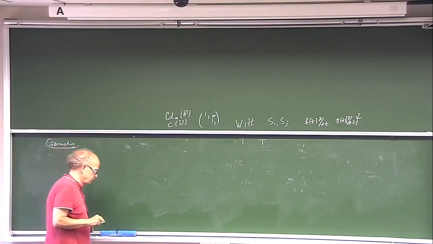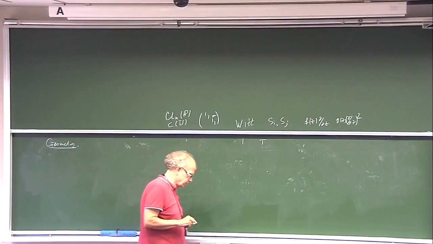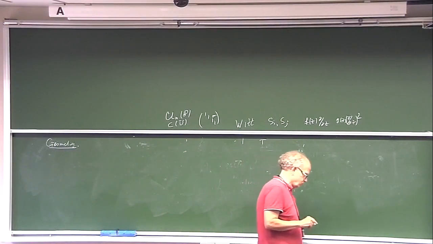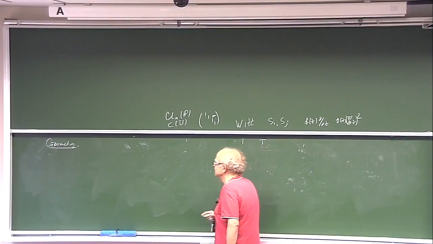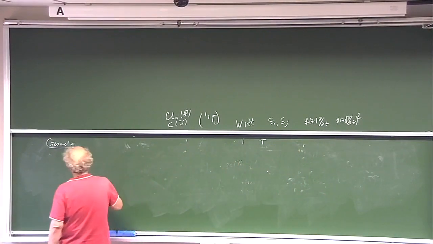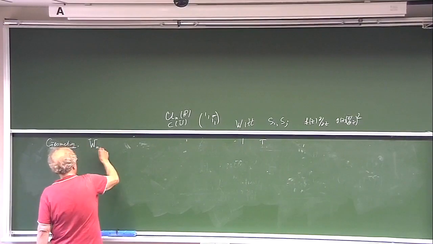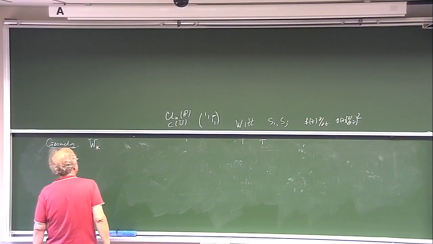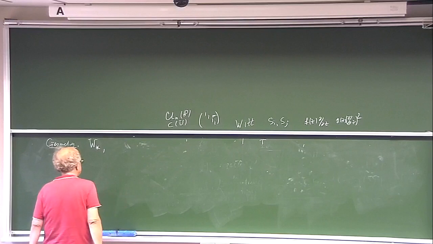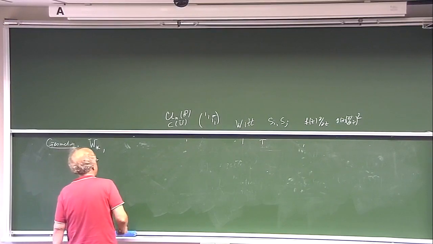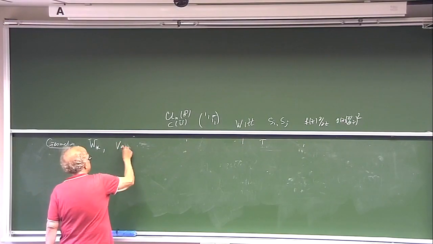Geometry means the following: each vertex operator algebra, and W-algebra also, is characterized by the so-called vacuum representation.